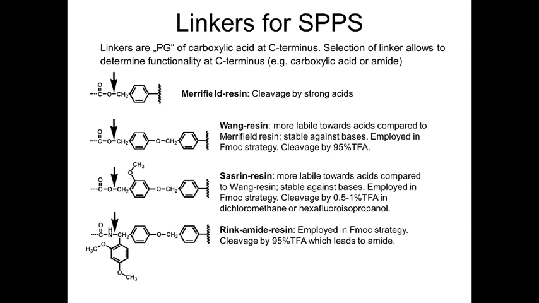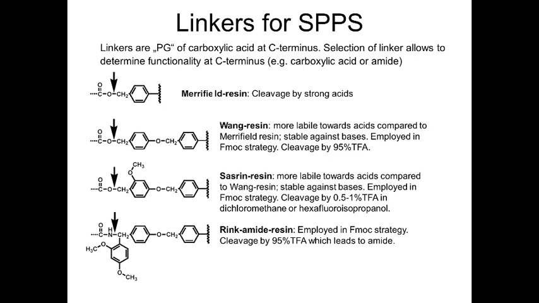Let's start again, historically, with the Merrifield resin. The Merrifield resin you see as the first example. Here cleavage is achieved by strong acids. You have learned what a strong acid is. In this case it was HF.